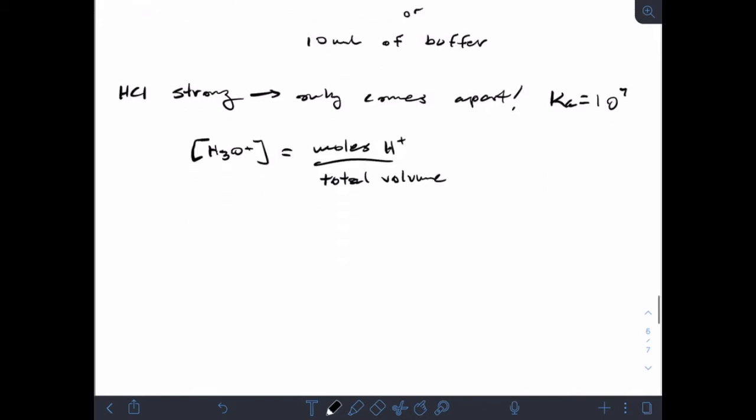Okay, so if we take a look at our ionization equation with HCl and water, we get a one-headed arrow because it only comes apart, and we get H3O plus and Cl minus. Right, so if my H3O plus concentration is moles of H plus over total volume, my moles of H plus come from my volume and molarity of HCl, which I had 1 milliliter at 0.1 molar.